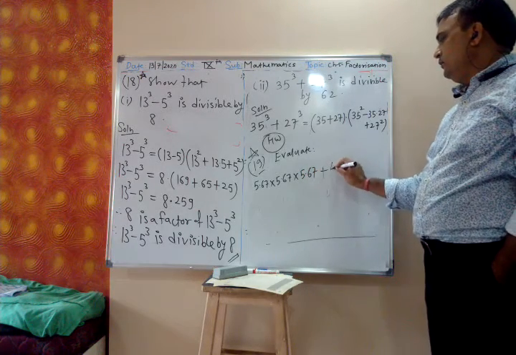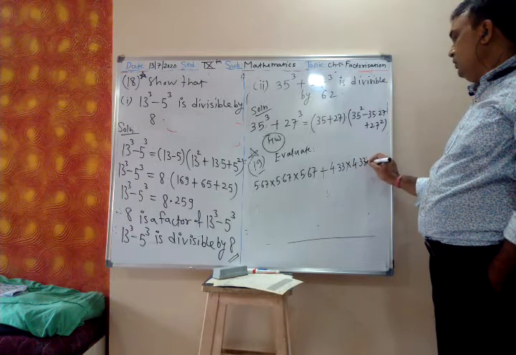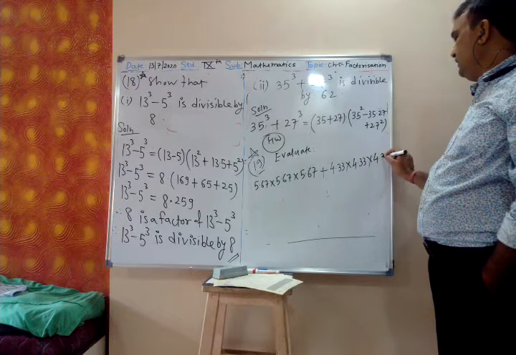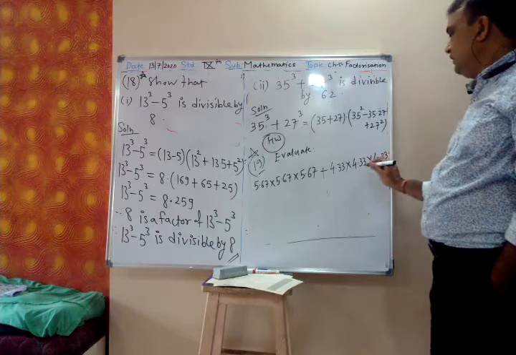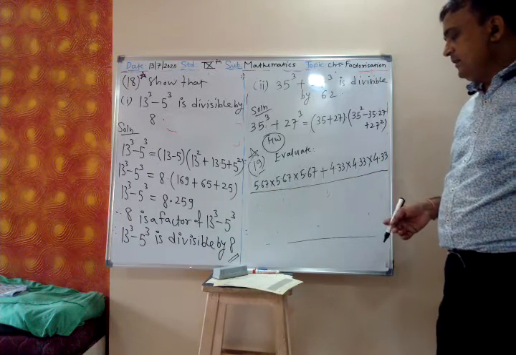Plus 4.33 into 4.33 into 4.33, upon 5.67 into 5.67 minus 5.67 into 4.33 plus 4.33 into 4.33. It is multiplication. If you multiply, you will get marks, out of 3 you will get 1 mark.